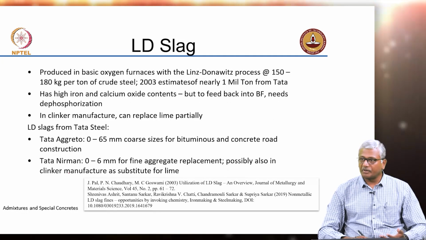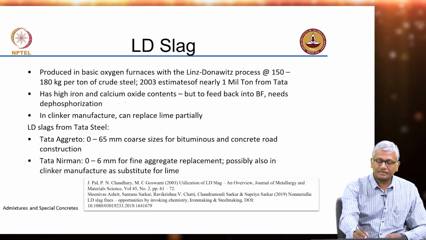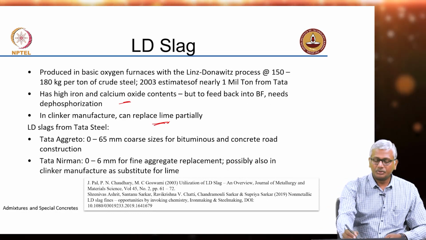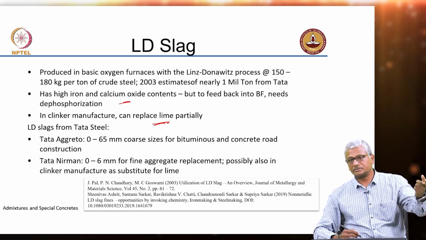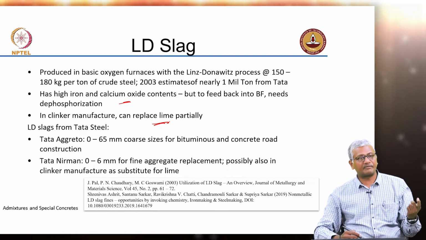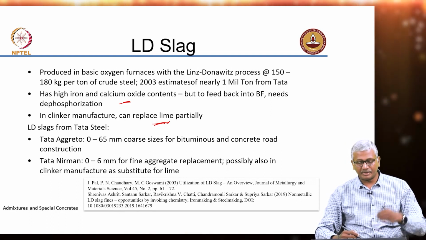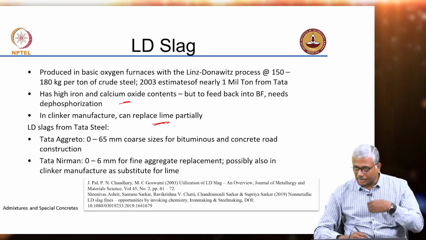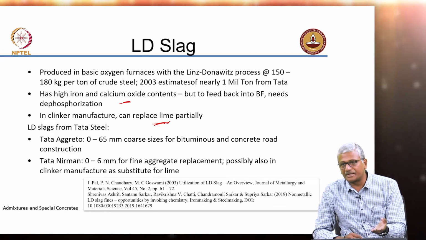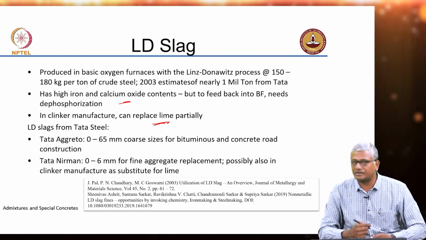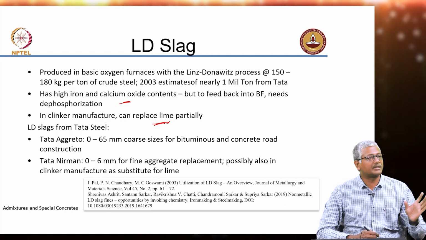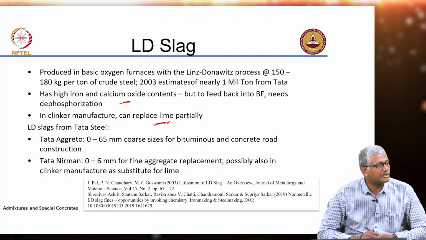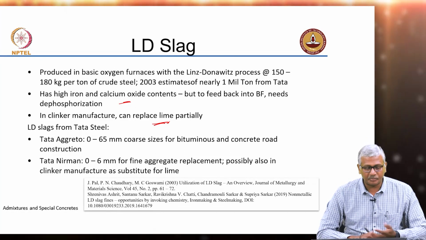Now, what people have tried to do is, because it is giving calcium oxide content, you can put this back into the cement clinker manufacture process. It can give a little bit of more lime, but the problem is along with lime it will also give silica. So, you have to keep adjusting that calcium silica ratio that comes out of your cement clinker production.